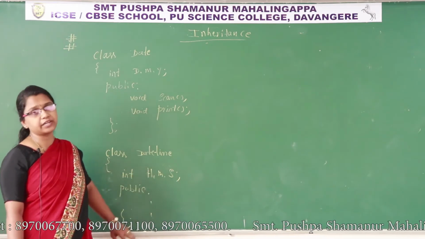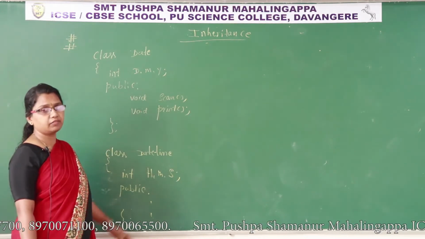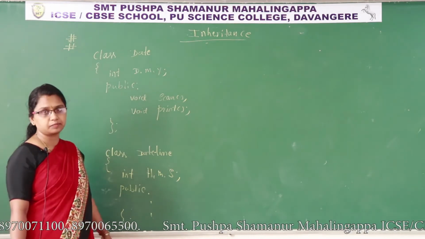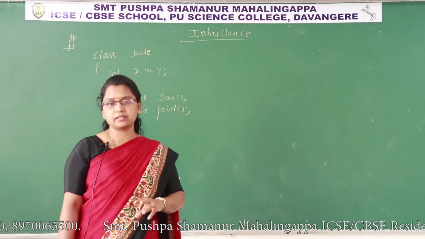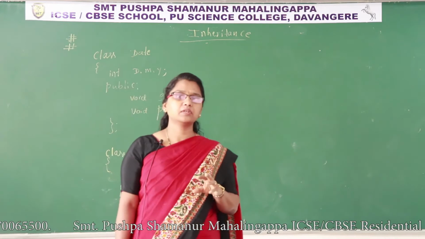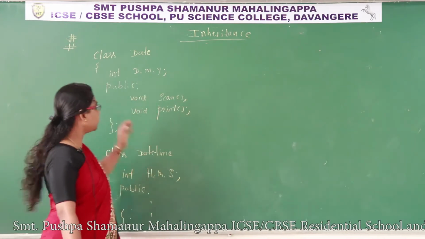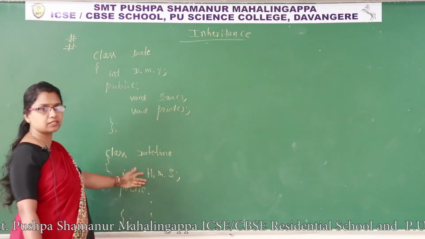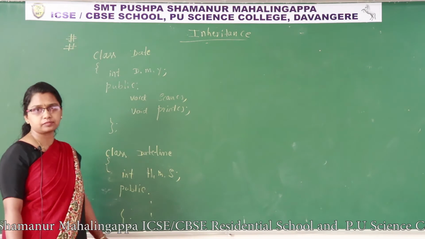The date class is meant for only date; we can access only date from it. Are you understanding? Sometimes I want to access only date, sometimes only time, sometimes both date and time. So if you inherit the properties of this class into this class, it can work in a different way.